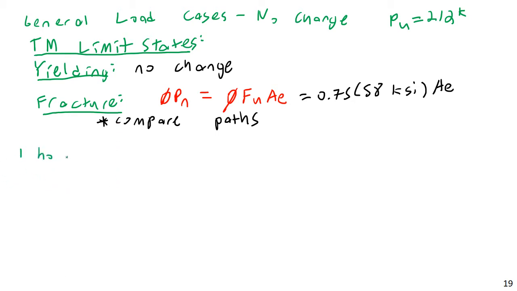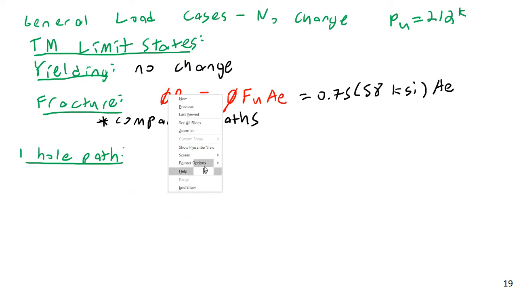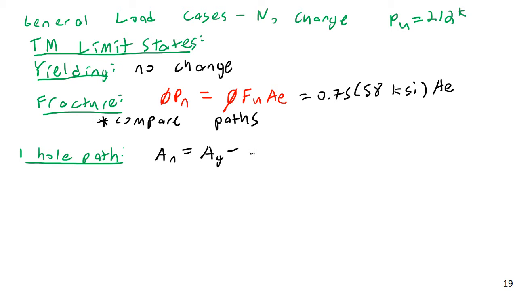The area net here is just the area gross, AG, minus the area of the holes, plus the summation of s squared over 4g times the thickness.